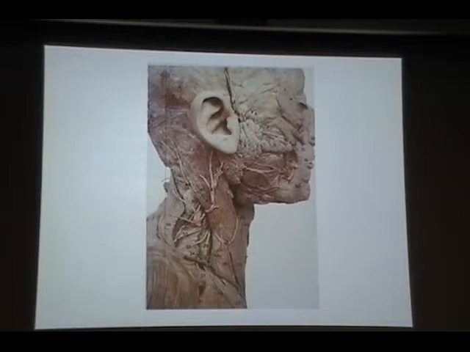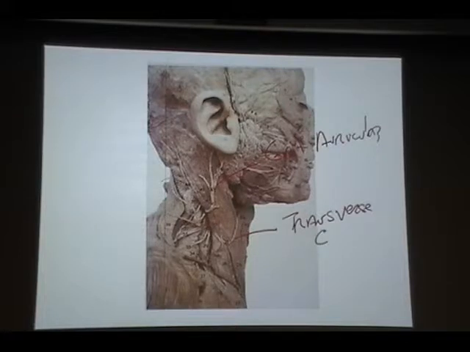All right, so here is great auricular. Here is transverse cervical. Here we see some of these twigs. Here's one coming back here. Here are two that are coming down here.